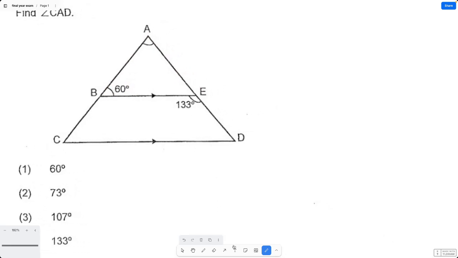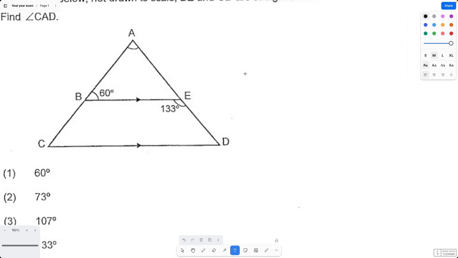So first, we want to get the angle BED. I'm going to draw this as red-ish as well. BED. So what will this be equal to?